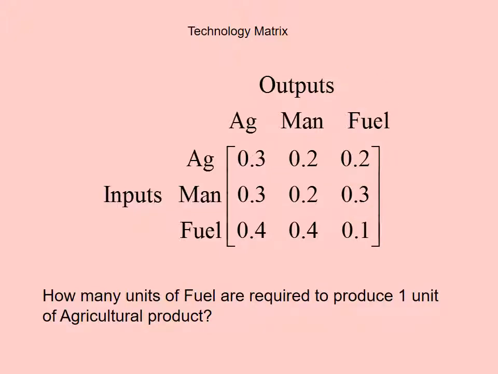Now, can you find how many units of fuel are required to produce 1 unit of agriculture? How many units of fuel are required to produce 1 unit of manufactured goods?